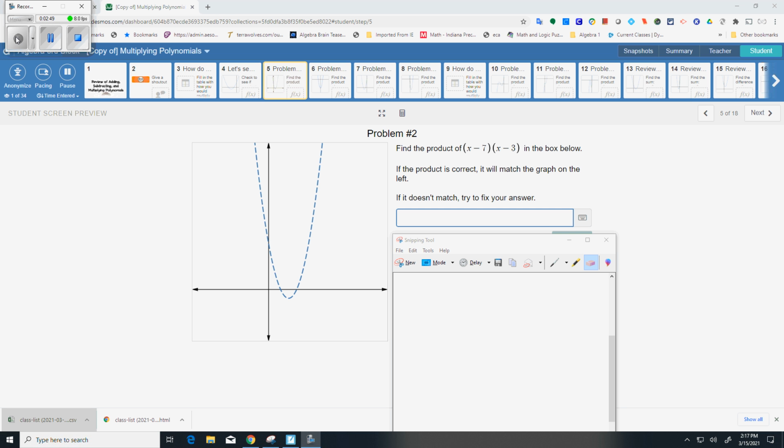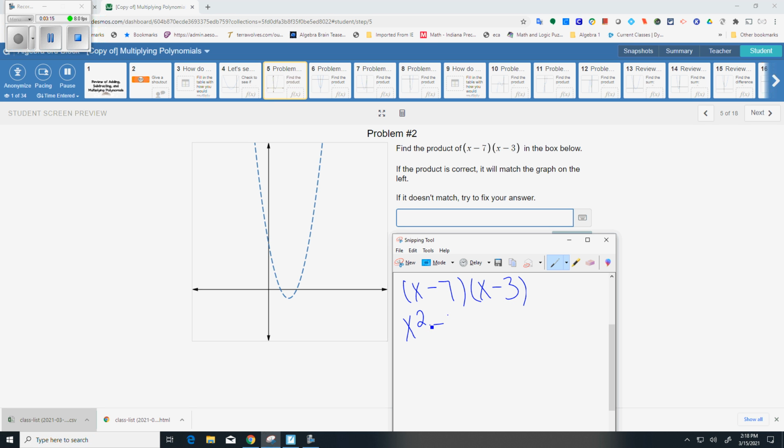Okay. So now we're on screen 5, problem number 2, and we're being asked to find the product of x minus 7 times x minus 3. So how we're going to do that? x minus 7 times x minus 3. So then x times x is x squared.